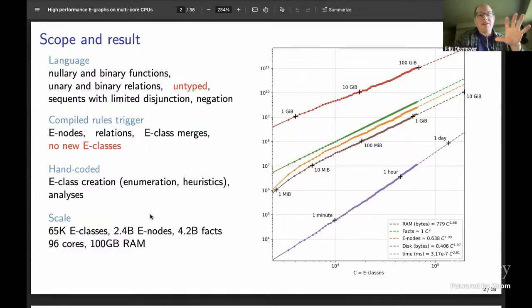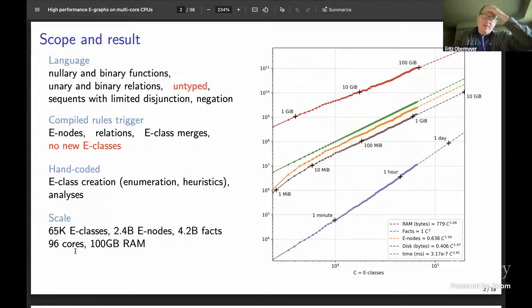But given these restrictions, I'm pretty happy with the performance results working on this since 2005. I can build these big, dense e-graphs with tens of thousands of e-classes, but billions of e-nodes and billions of relation facts. I use a lot of memory to do that.